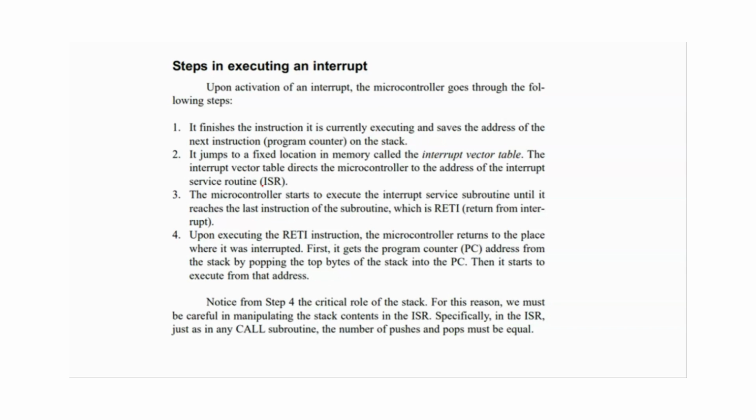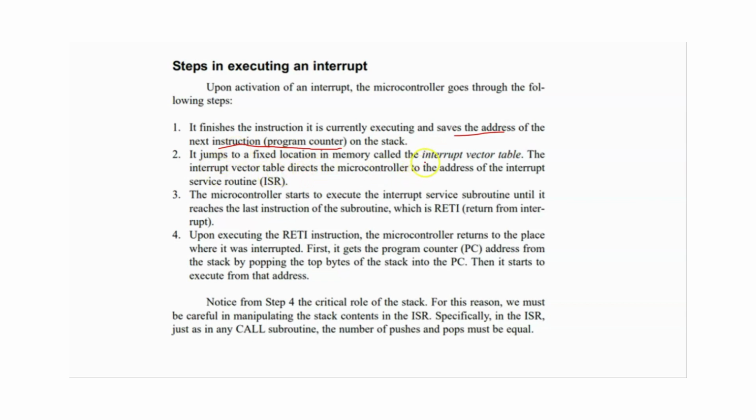As per the condition, first the microcontroller finishes the current instruction which is being executed when an interrupt occurs. It executes that instruction and saves the address of the next instruction. The very next instruction address is saved in the program counter so that it can be tracked when coming back to the normal function.